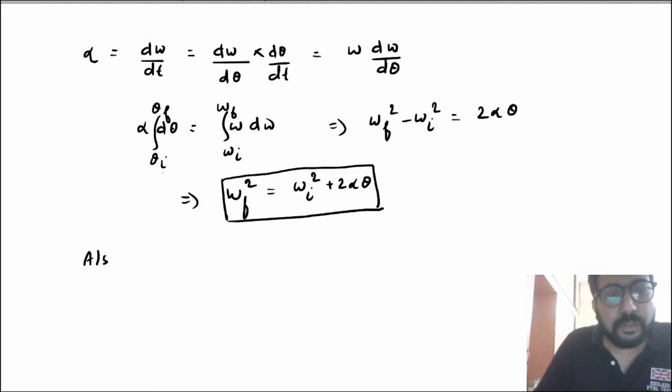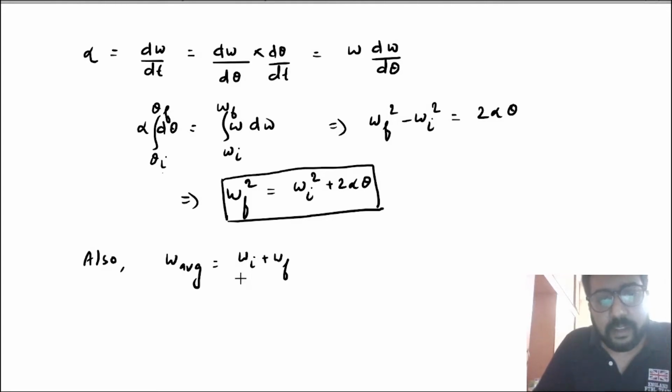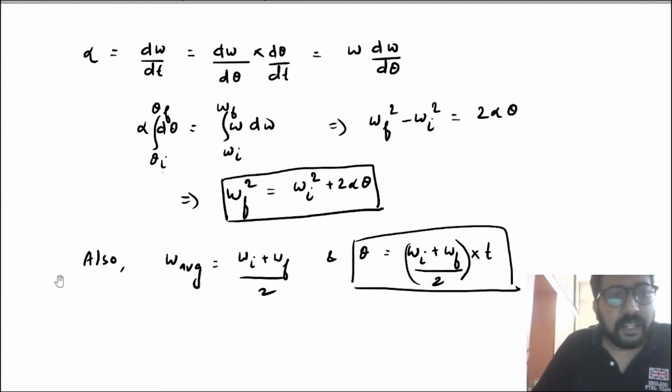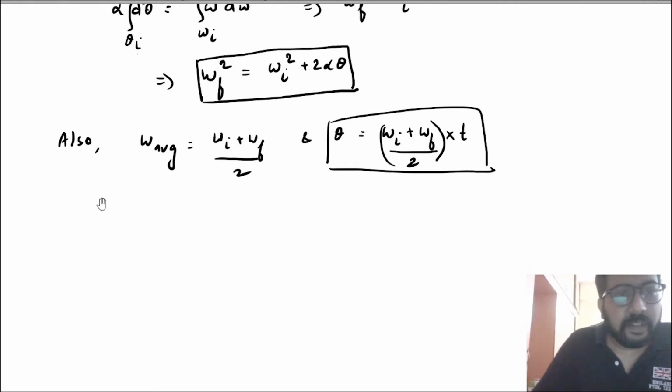Also, omega average will be equal to omega initial plus omega final upon 2, and theta is equal to omega initial plus omega final by 2 multiplied by t. This also we have studied in linear kinematics.